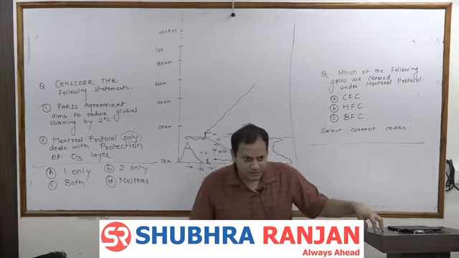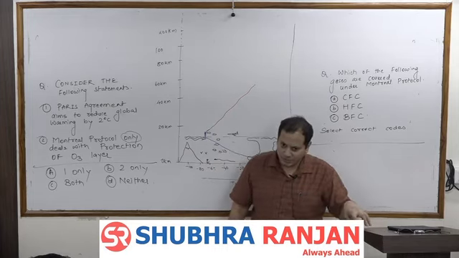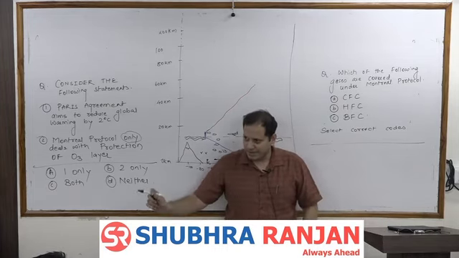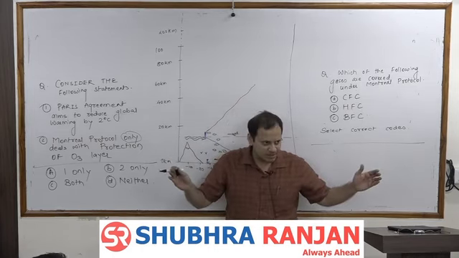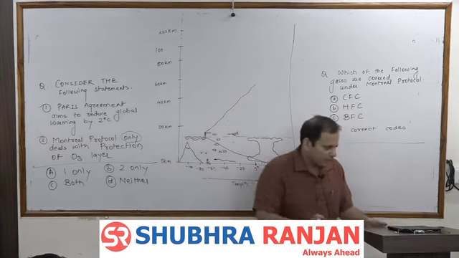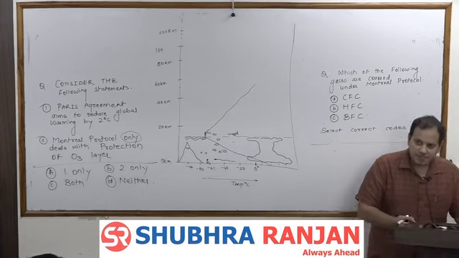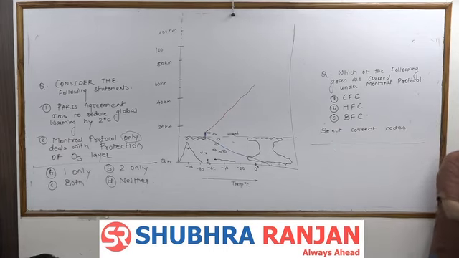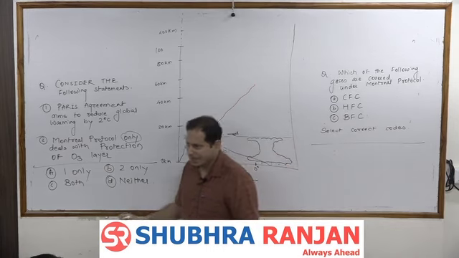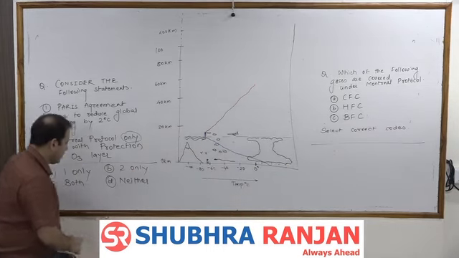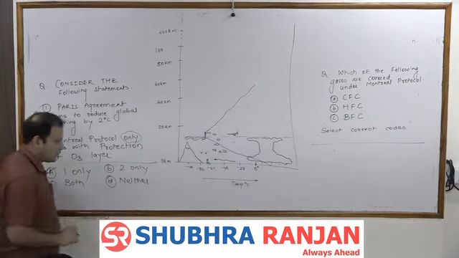It is a super greenhouse gas and therefore, to reduce global warming, we have added HFC into the Montreal Protocol. So the area of the Montreal Protocol has increased. It was earlier dealing with only ozone depletion. Now it deals also with global warming. So the second statement is wrong. So the answer here is 1 only.